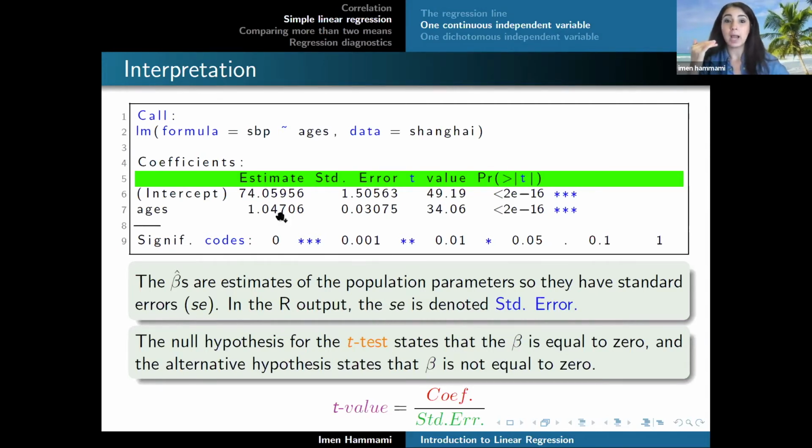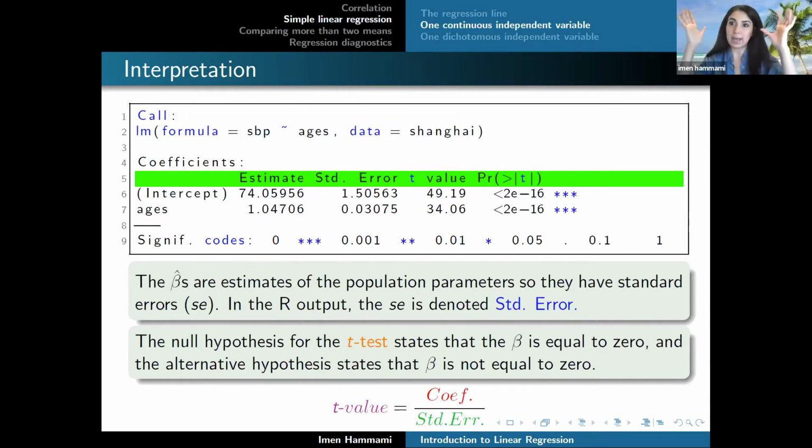The idea behind the t-test is: how can I get the best estimate ever? We know that this is reflected by the standard error. The bigger the standard error, the worse my estimation is. So one measure is to divide the estimate by the standard error. I want the estimate to be big and the standard error to be small.